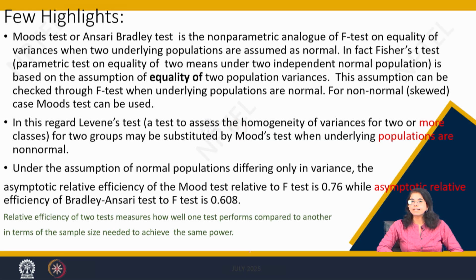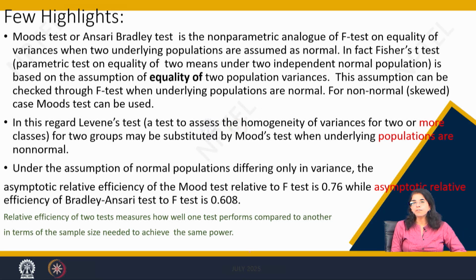In this regard, Levene's test is very popular, to assess the homogeneity of variances for two or more classes. For two groups it may be substituted by mood test when underlying populations are non-normal. So in case someone asks you what is the non-parametric analog of Levene's test, that is mood test, that is Bradley-Ansari test.